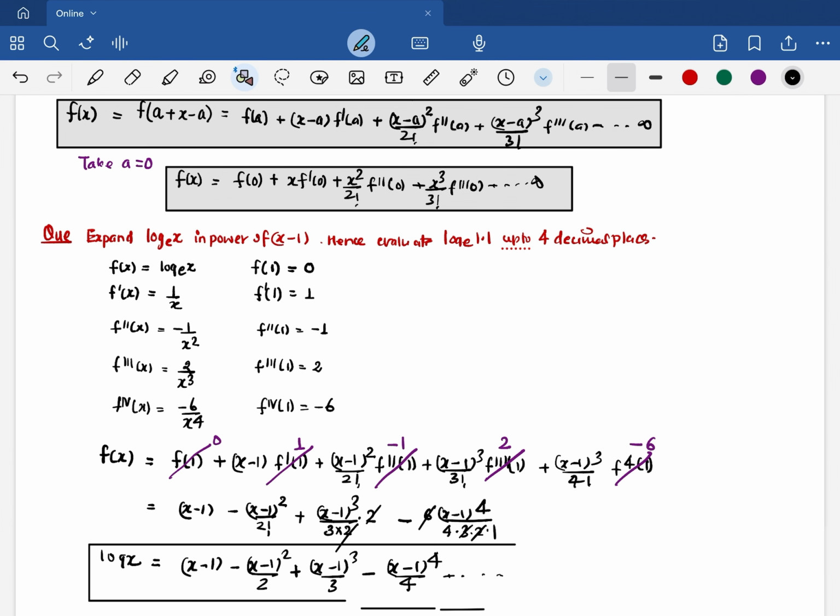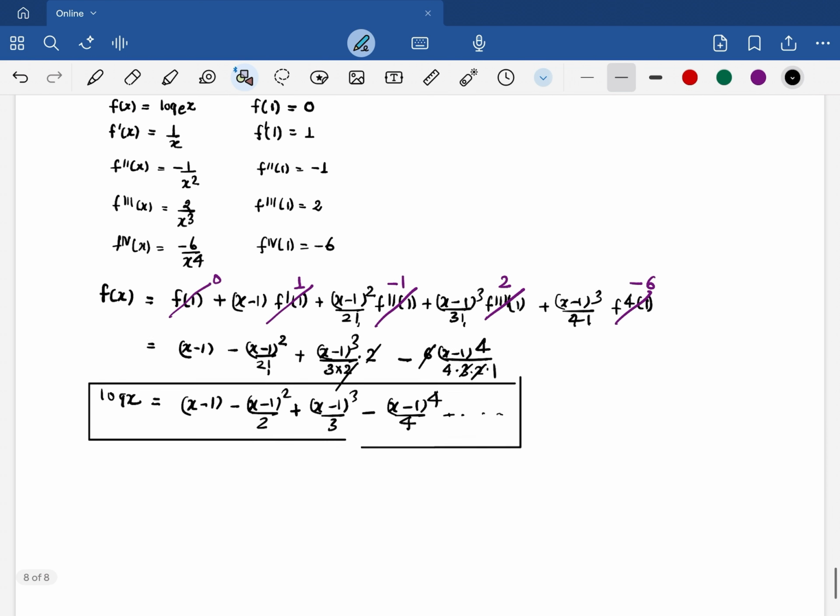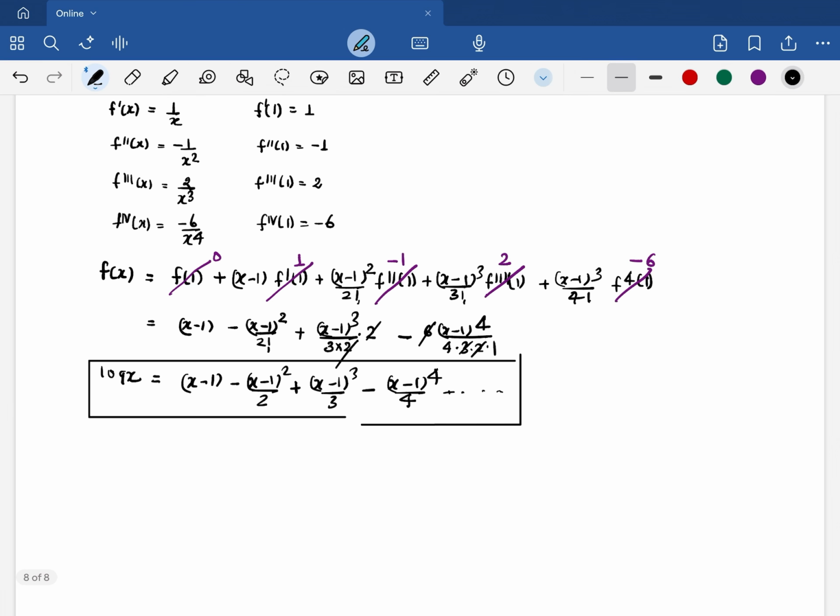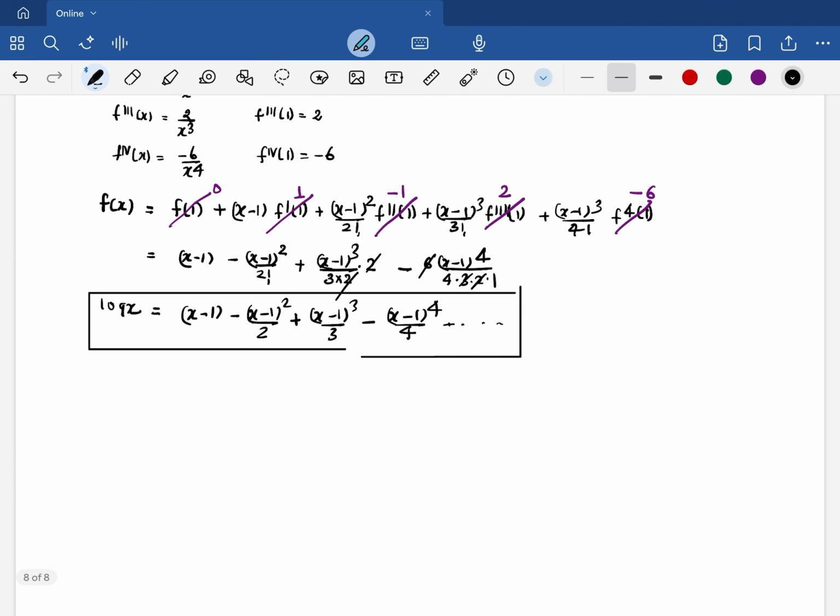Okay, so you just found the expansion of log x, but in the question it is being asked to calculate the value of log 1.1. So put x equal to 1.1, and you will get the value of log 1.1. So do the same: 1.1 minus 1, (1.1 minus 1) whole square divided by 2, (1.1 minus 1) whole cube divided by 3, (1.1 minus 1) to the power 4 divided by 4, and so on.